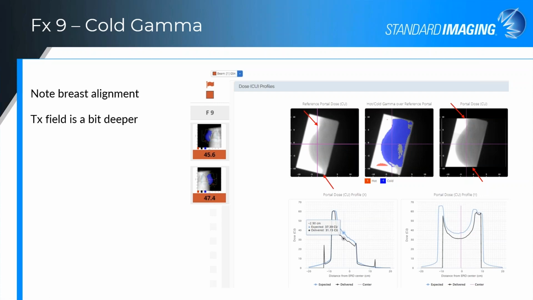As the patient moves further into the treatment beam, we get a failure. This one has approximately a 20% CU difference. If you look at the CU values, this may be something that, if it was trending day to day, one might want to look at.